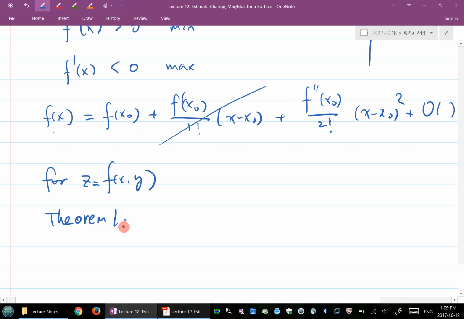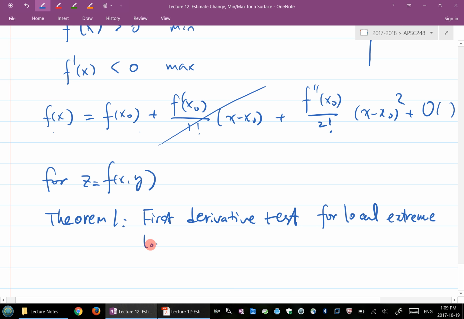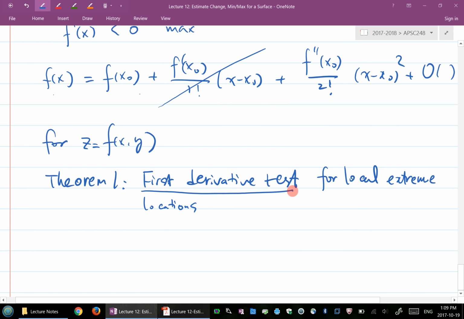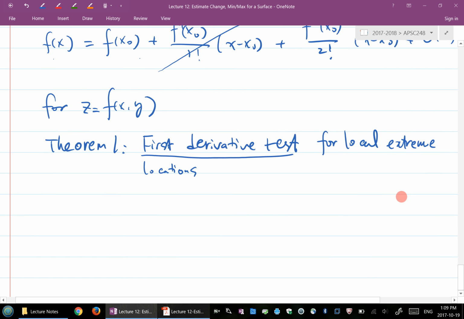This is essentially the first theorem. I'm going to write it down here. So this is the first derivative test for local extreme points, extreme locations. What this says is you set the gradient vector equal to 0.